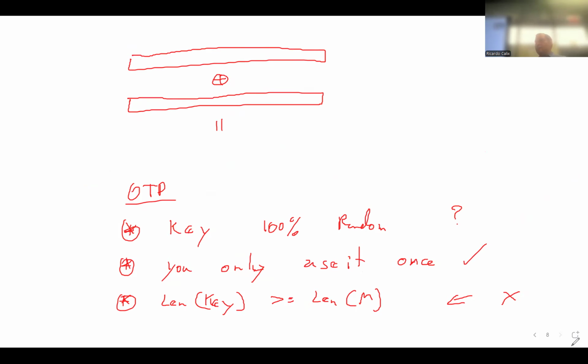The key is 100% random. This is a serious problem in cryptography because computers only do pseudo-random. You only use it once. That's another problem you have to deal with. And the length of the key has to be greater than or equal to the length of the message.